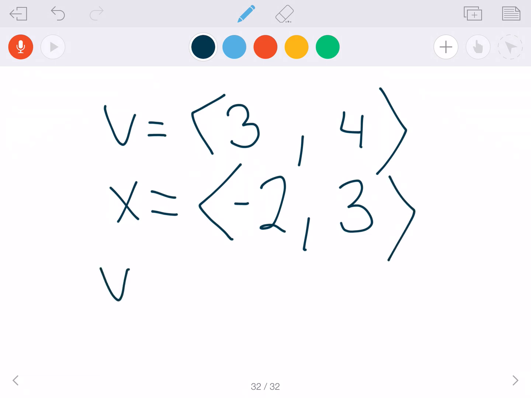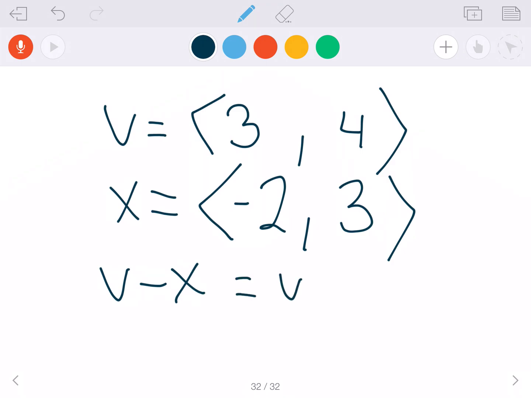Then if I want to find v minus x, there are two ways I can think about this. I could simply subtract the components, so doing 3 minus -2 for my horizontal component, or 4 minus 3 for my vertical component.